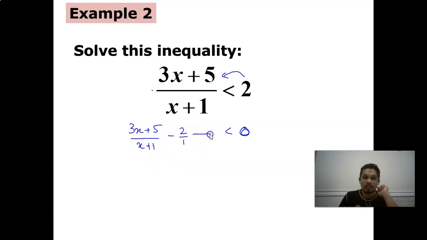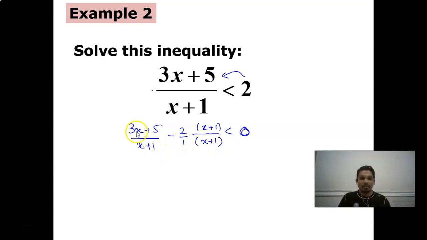So I'm going to multiply with x plus 1 and also x plus 1. Okay, these two, 2 multiplied with x plus 1 divided by x plus 1. So now both are fractions with an equal denominator of x plus 1.